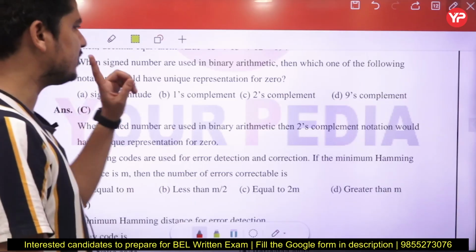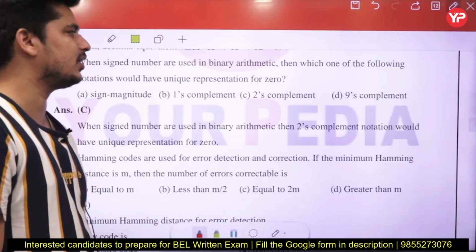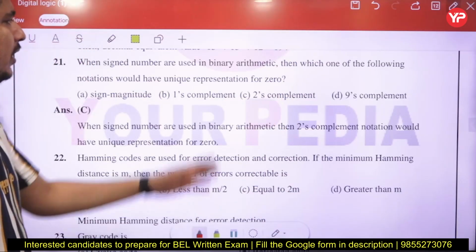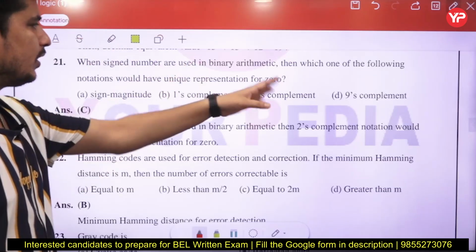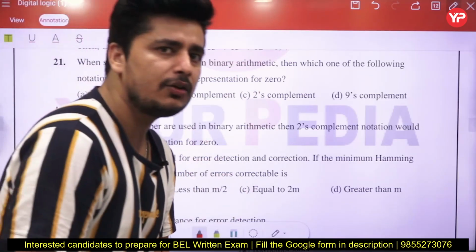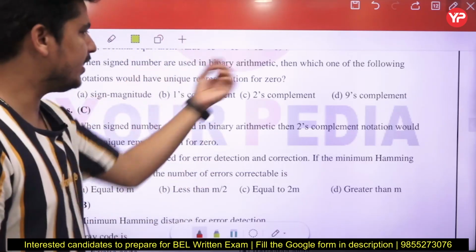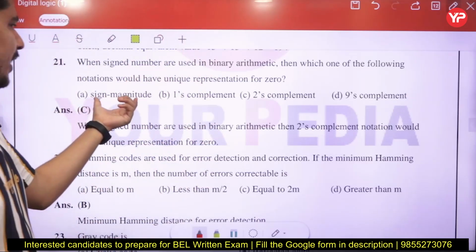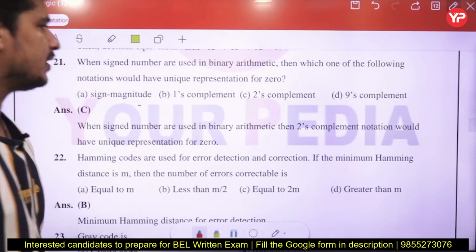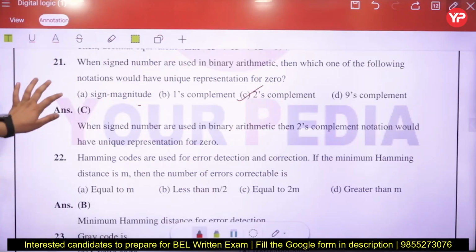Sign magnitude representation, 1's complement representation, 9's complement representation. 9's complement is not used in computers, because it is not binary arithmetic. 9's complement will be taken when you have a decimal number. Now he is asking for binary arithmetic. In binary arithmetic, sign magnitude has 2 representations for 0, 1's complement also has 2 representations, only 2's complement has 1 representation for binary 0.